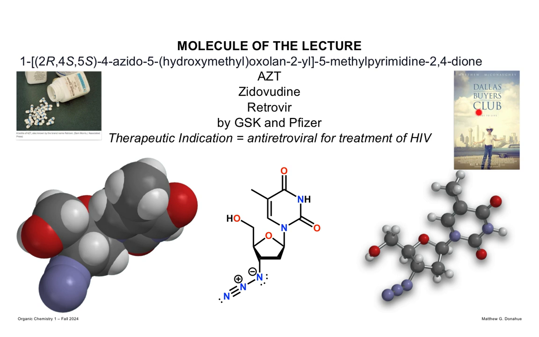And it was featured in this movie with Matthew McConaughey and Jared Leto, Dallas Buyers Club. And so this shows the impact of organic chemistry in society, and that this molecule, which is a synthetic molecule, it's made in a lab, it's formulated into these pills that patients with HIV/AIDS take to lead healthier, more productive, and longer lives.